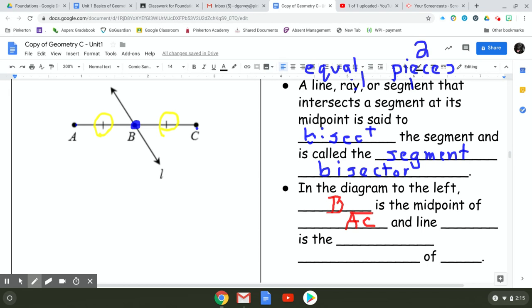The segment sign, and line L, because I'm going to designate the line by that cursive L, is the segment bisector of AC.